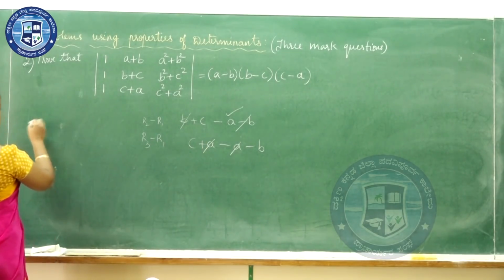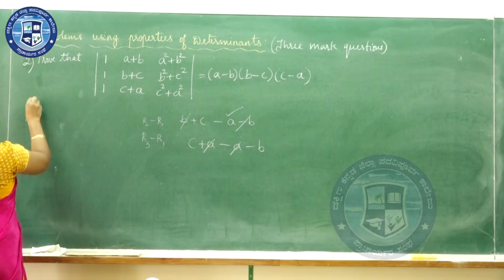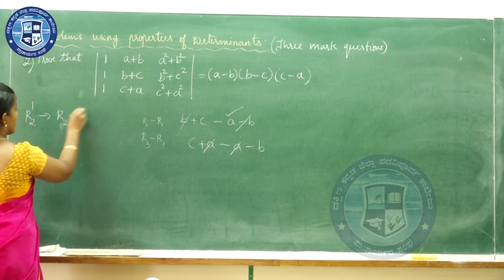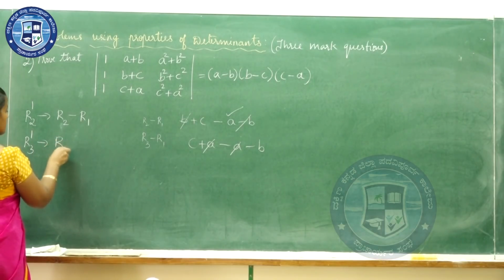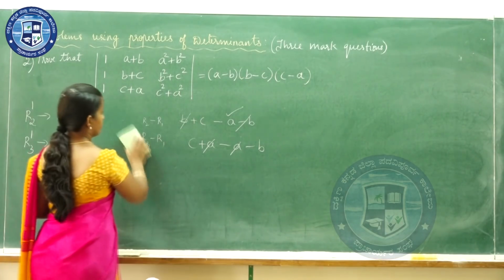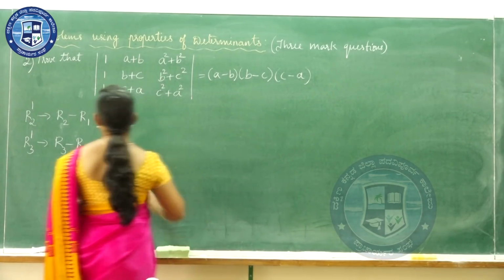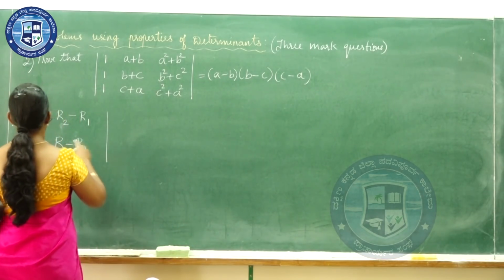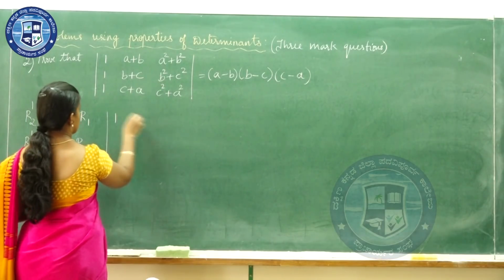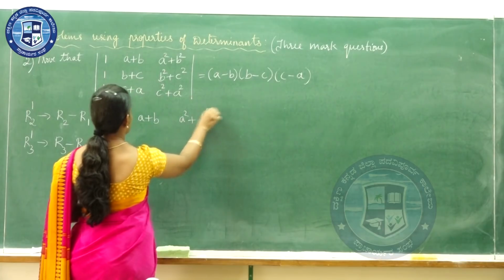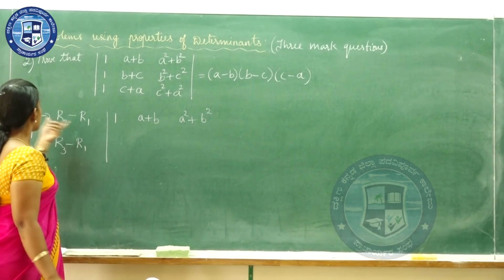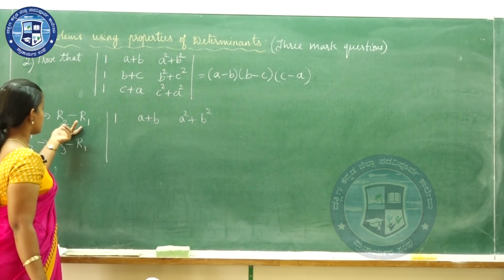So we are going for the operations R2 replacing with R2 minus R1 and R3 replacing with R3 minus R1. So we will get the first row as it is, we are not changing the first row. The second row is to be replaced with R2 minus R1.